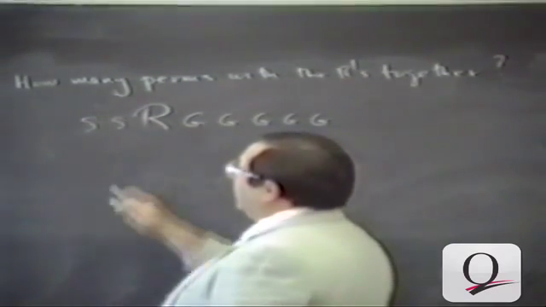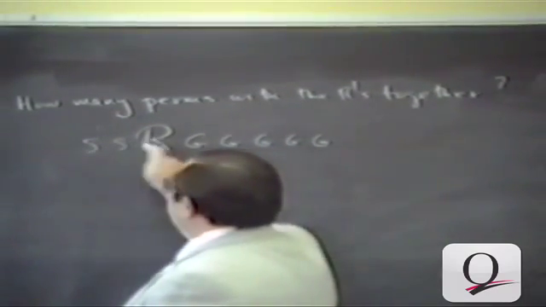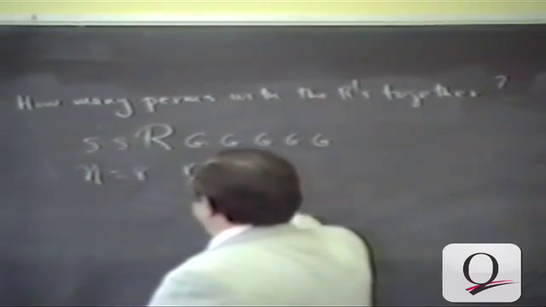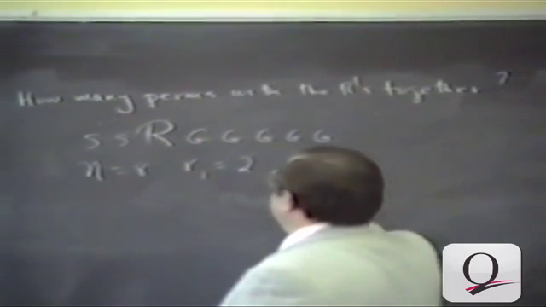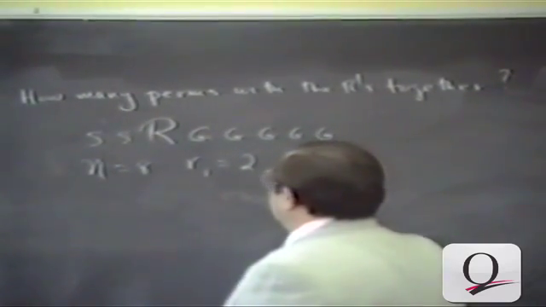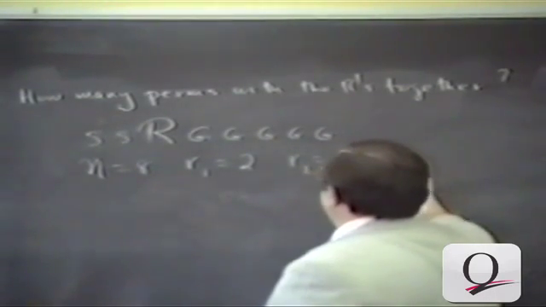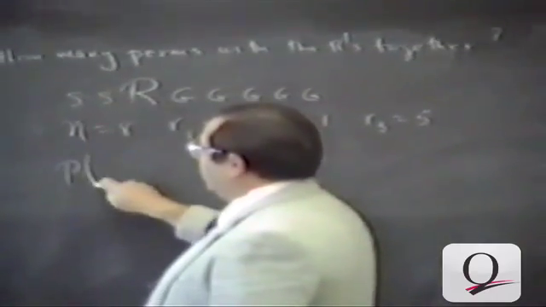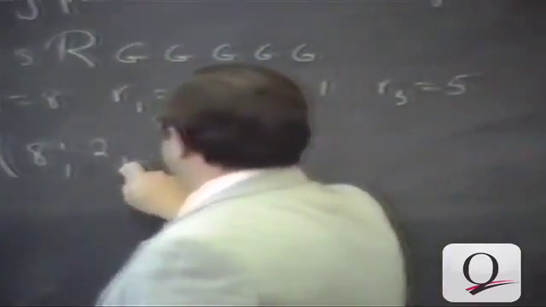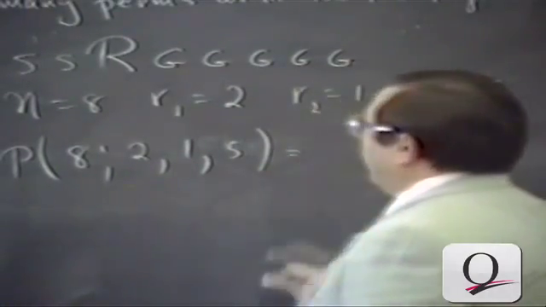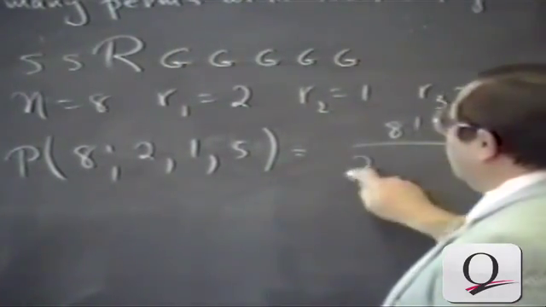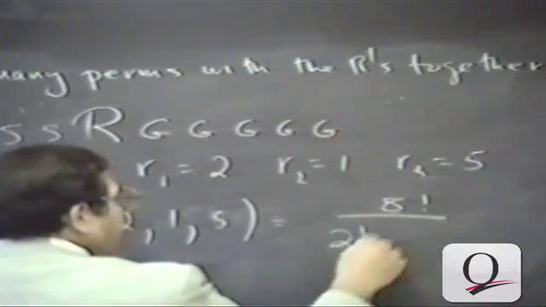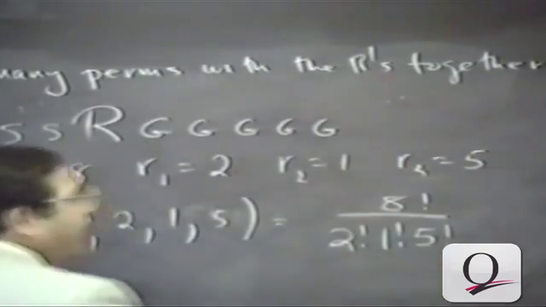So the number of permutations with the R's together is now the permutations of 8 objects, 2 of the first kind, 1 of the second kind, and 5 of the third kind. So this equals 8 factorial over 2 factorial, 1 factorial, 5 factorial.